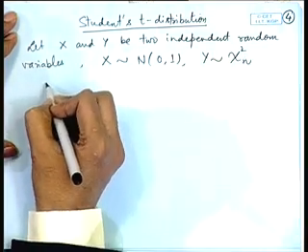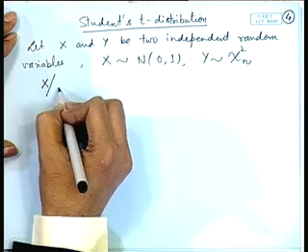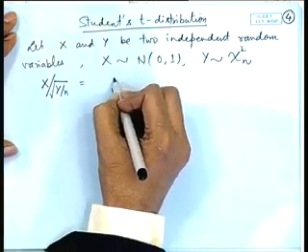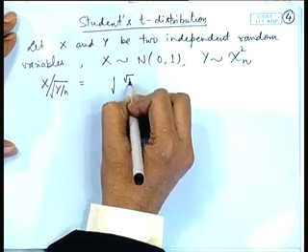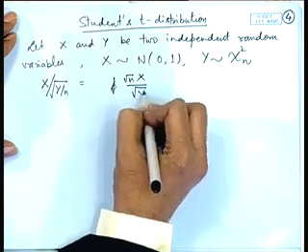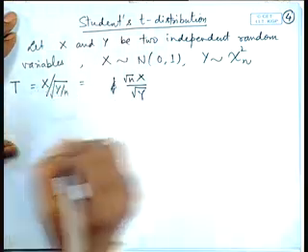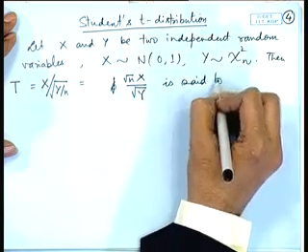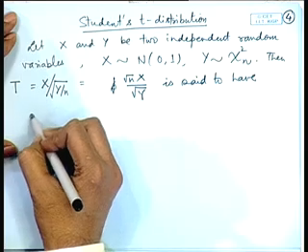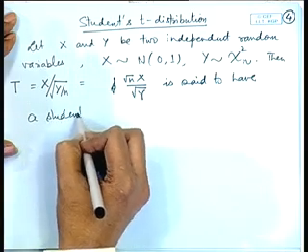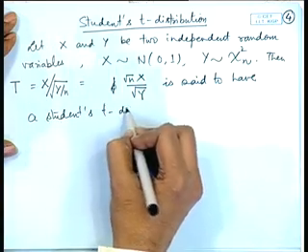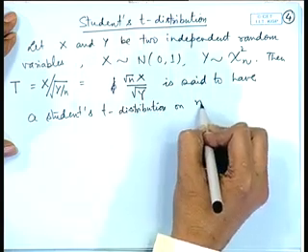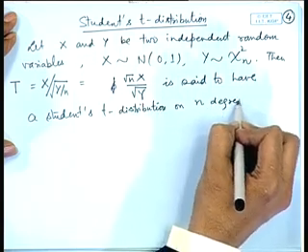If I consider the ratio X divided by the square root of Y by n, that is, square root of n times X by square root of Y, let me call it T. Then this T is said to have a Student's T distribution on n degrees of freedom.